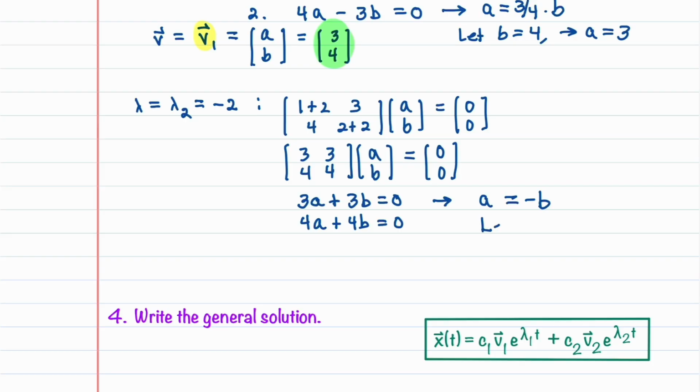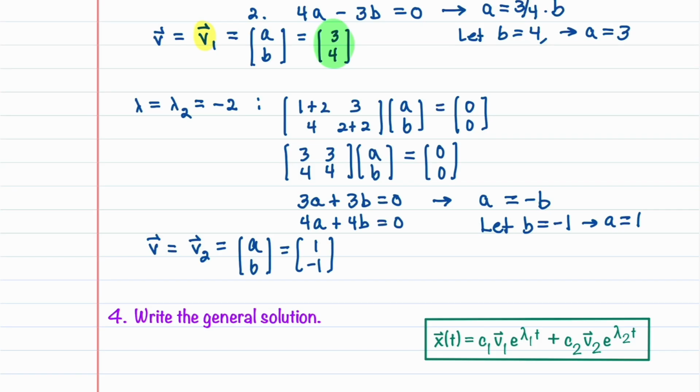I'm going to let b be equal to negative 1, and that means that a is going to equal 1. I just like it when the first entry in our vector is positive. I just think it makes it easier. So v2 is equal to AB, which we now know is 1, minus 1. And we'll highlight that.